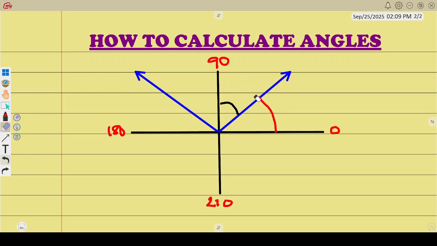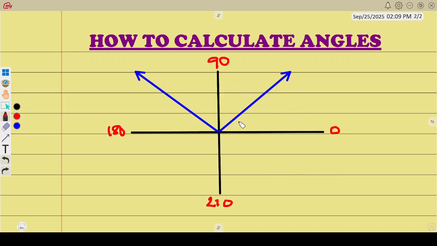So to calculate an angle which is here, we just say 90 minus theta. Let's say you have been given 40, so you just say 90 minus 40, that is the angle you will find there, reading from the positive x-axis.